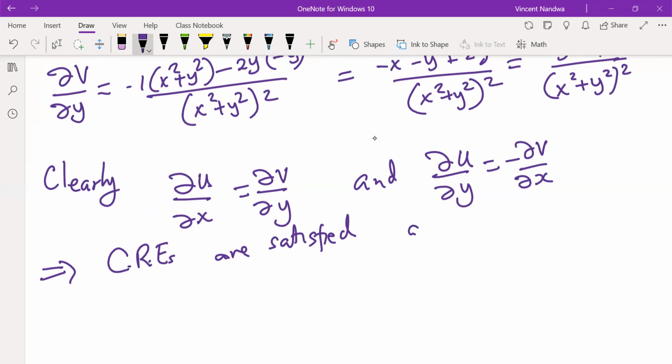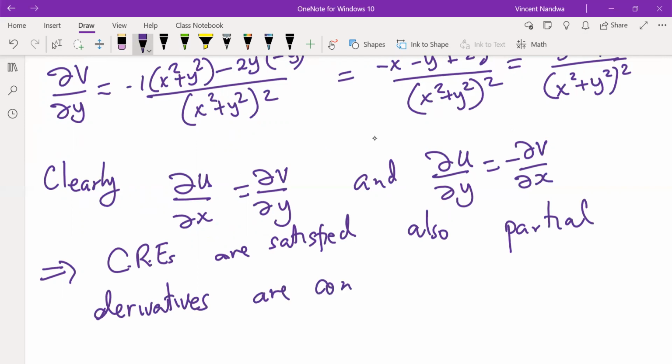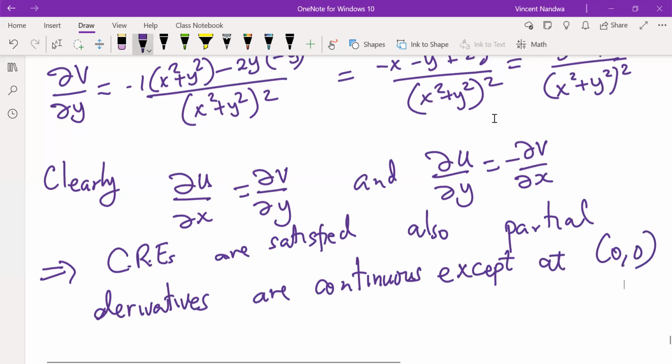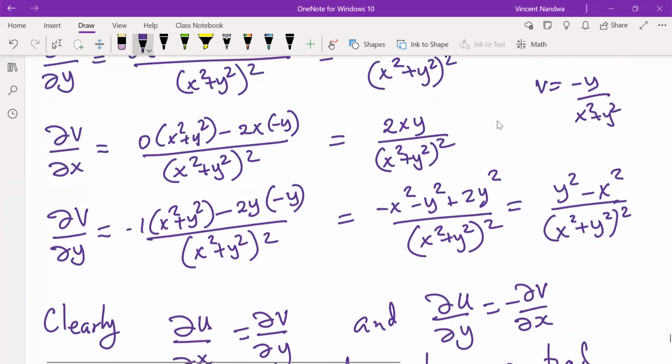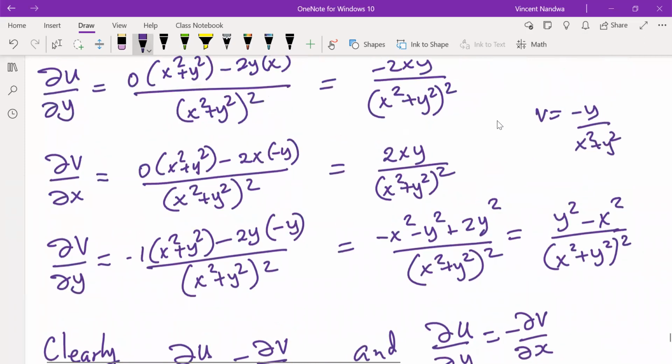Also, the partial derivatives are continuous except at the only point where we have a problem, when both x and y are 0, because we'll get 0 in the denominators.